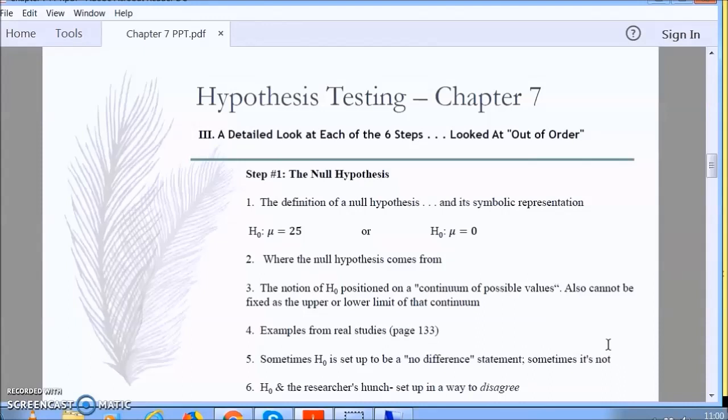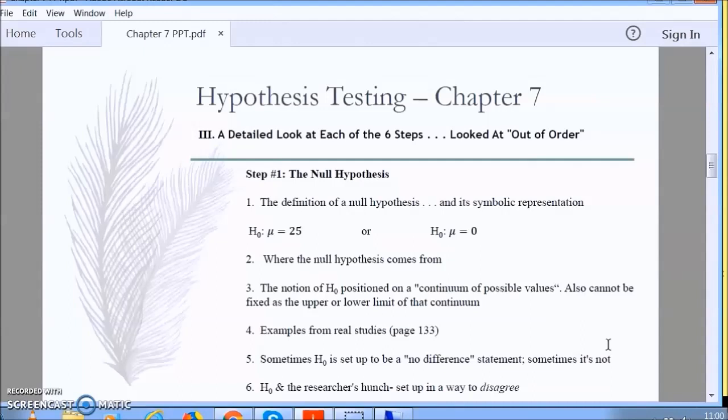Another example is when you are talking about, let's say, two populations, males and females, or boys and girls, that's given in your book. You are setting up your null hypothesis H naught colon as mu1 equals mu2, which means you're saying there is no difference in the means attained by the boys population and the girls population.